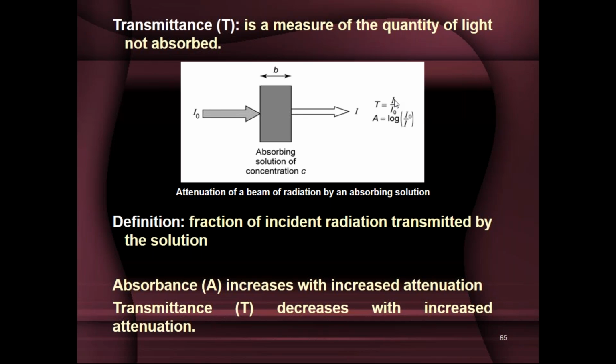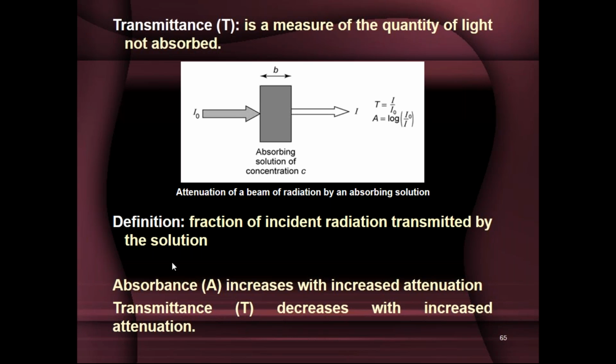Sometimes instead of I, we also use the term I subscript T, IT, very clearly indicating that it's the transmitted intensity. So if you define it, you can say it is the fraction of incident radiation transmitted by the solution. That's transmittance, T.